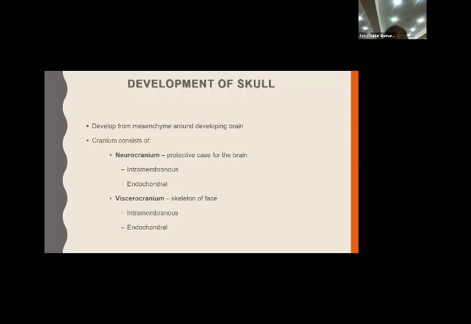Part of it develops by intramembranous ossification, and part of the neurocranium develops by endochondral ossification.